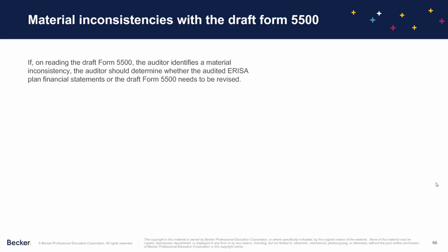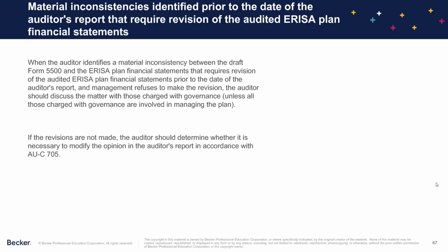When we identify a material inconsistency between the draft Form 5500 and the ERISA plan financial statements that requires revision of the financial statements prior to the date of the report, and management refuses to make that revision, we should discuss it with those charged with governance. If that revision is still not made, the auditor should then determine whether it's necessary to modify the opinion in the report in accordance with AUC Section 705.